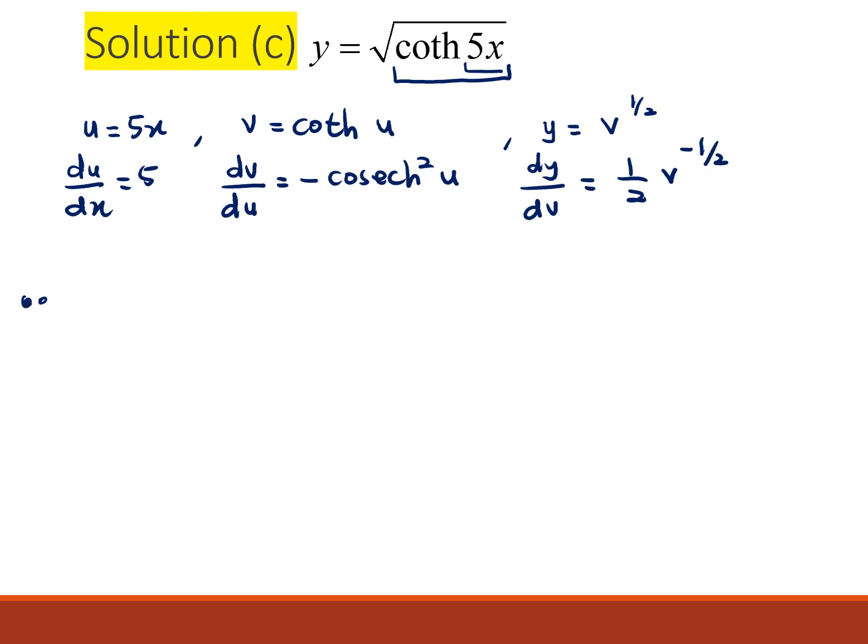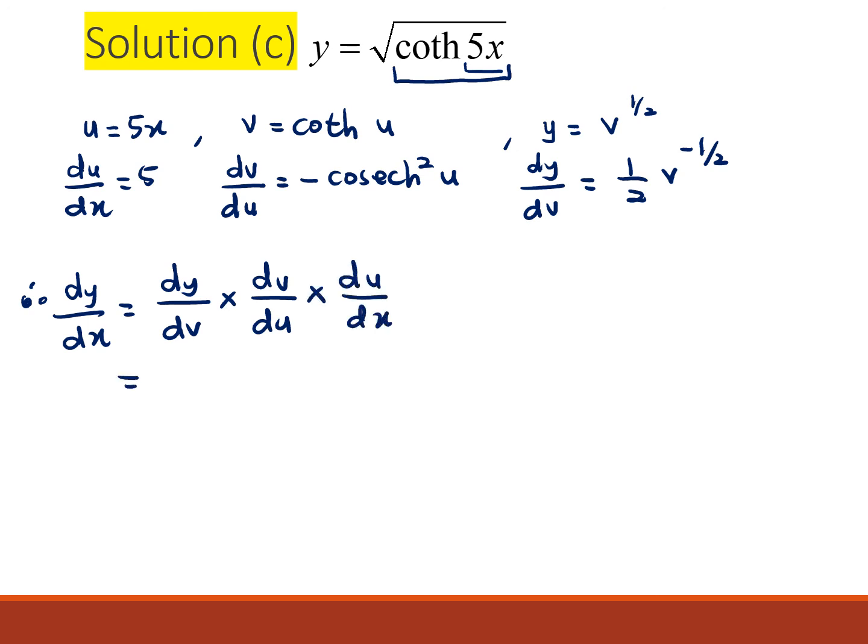So now the derivative dy over dx is dy over dv times dv over du times du over dx, where dy over dv is equal to 1 over 2 square root of v times dv over du, which is negative cosecant hyperbolic square u times du over dx, which is 5.